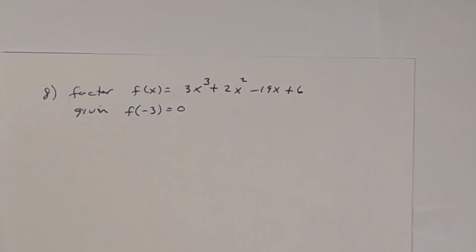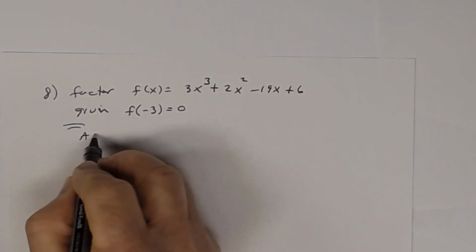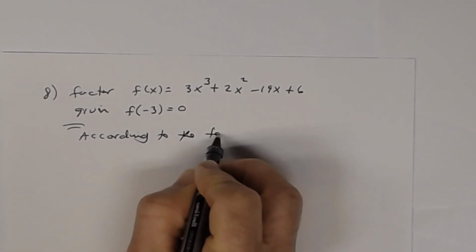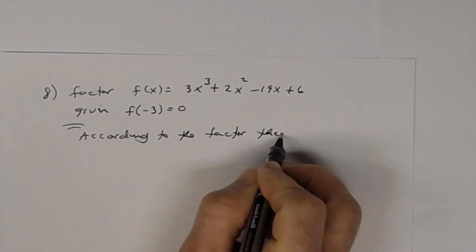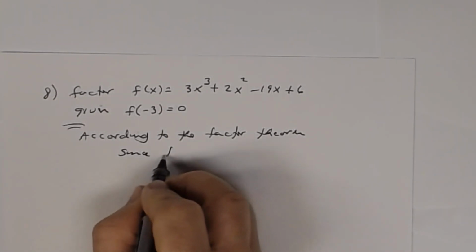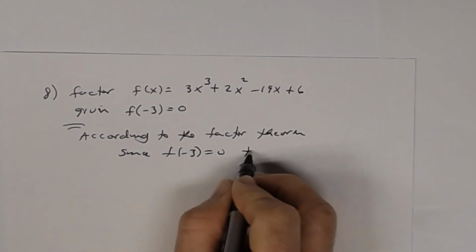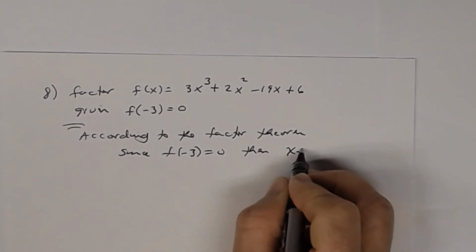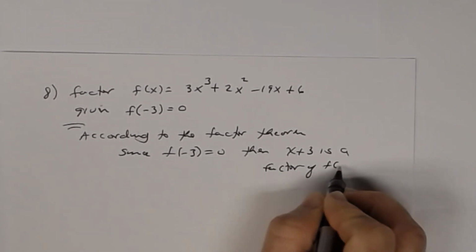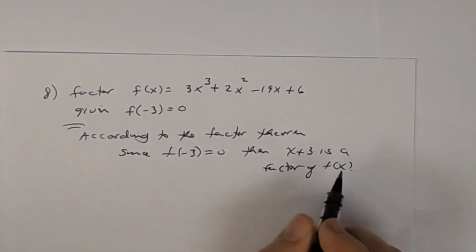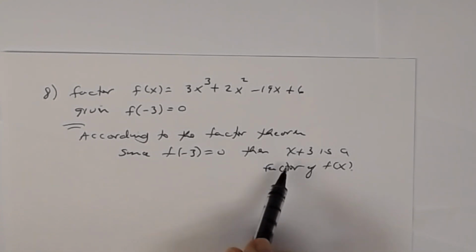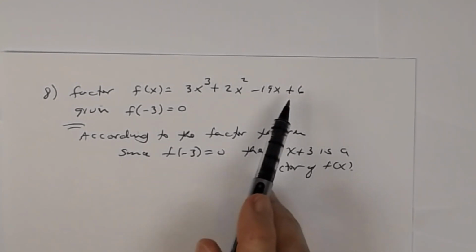All right, so according to the factor theorem, since f of negative 3 is equal to 0, then that means x plus 3 is a factor of f of x. Okay, so since x plus 3 is a factor of f of x, I can use that and synthetic division to find the remaining factors.